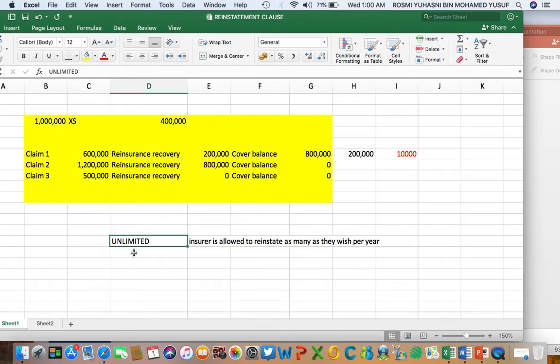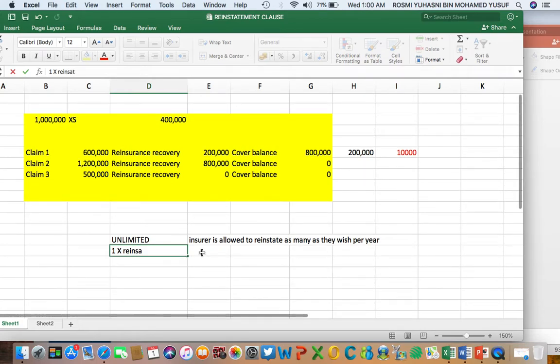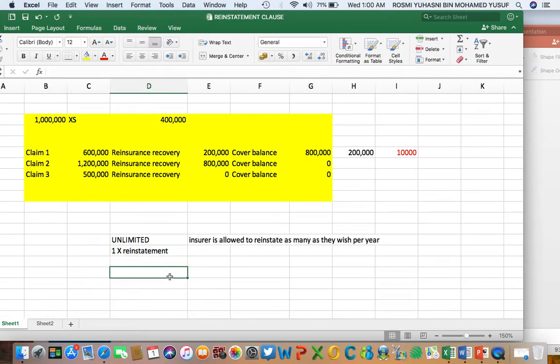If let's say 1 time reinstatement, only 1 time of reinstatement is allowed. So what does it mean by 1 time reinstatement? The original cover here is 1 million. 1 time reinstatement means the insurer is allowed to increase back the cover up to 1 million.